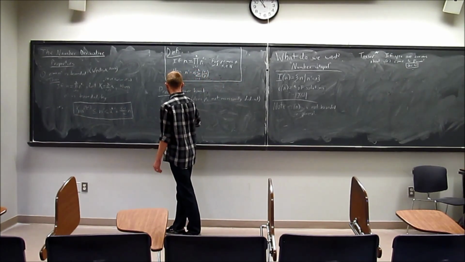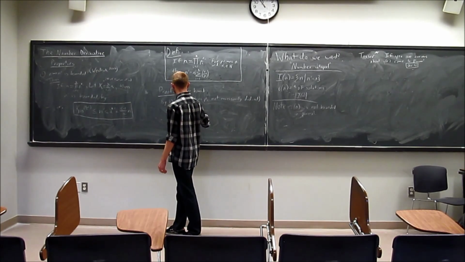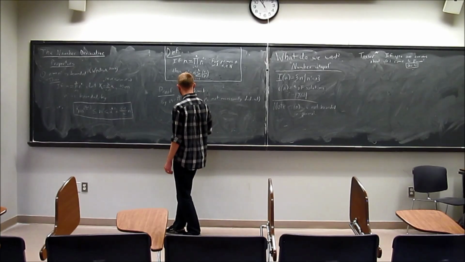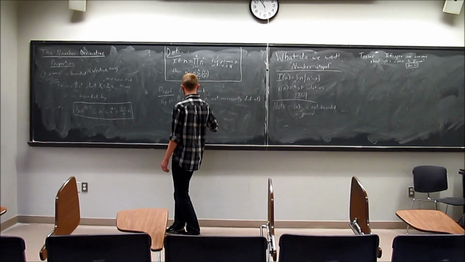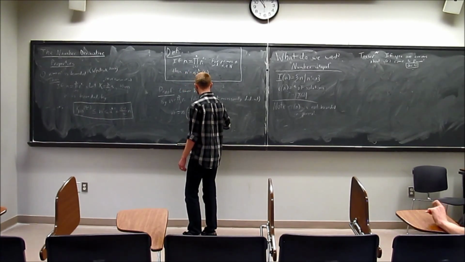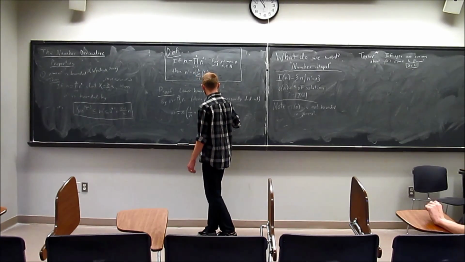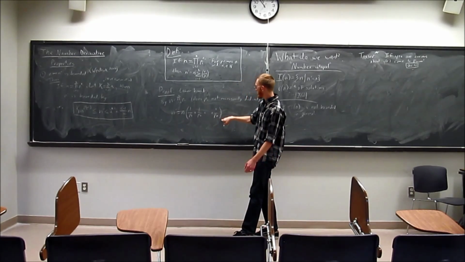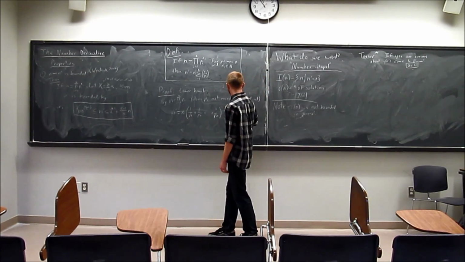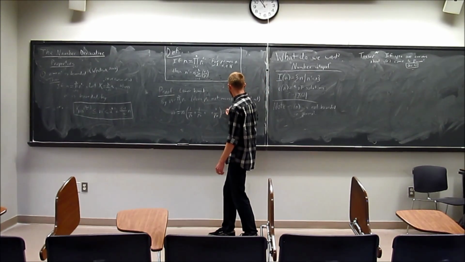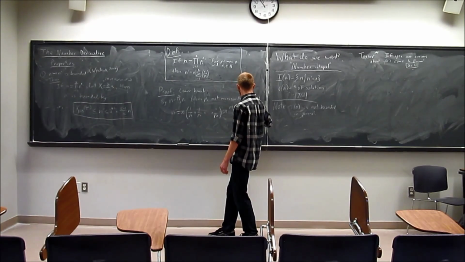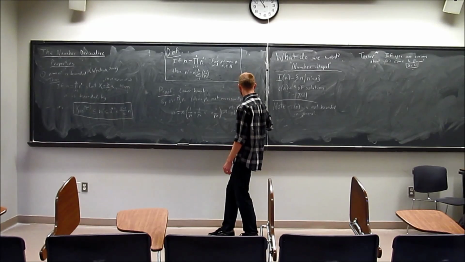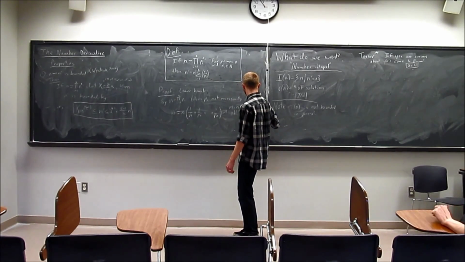Then n prime equals n times (1 over p1 plus 1 over p2 plus ... plus 1 over p sub k). Now this is minimal if all the p sub i are the kth root of n.